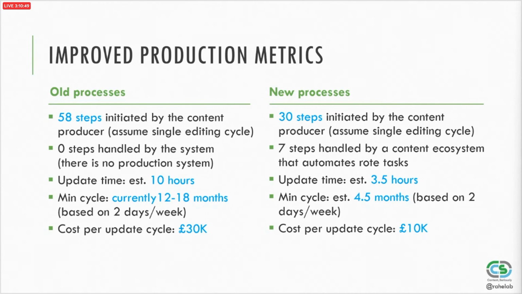And so once we started assigning values to those tasks, based on how long it took to do each task, it was 30,000 pounds a year or per cycle. And then we said, okay, if we took out all the waste that we can find, and if you think about how do you find the waste, there's a lot of information on lean.